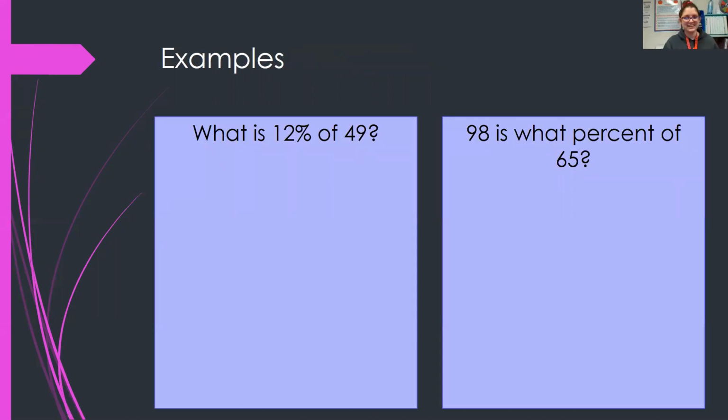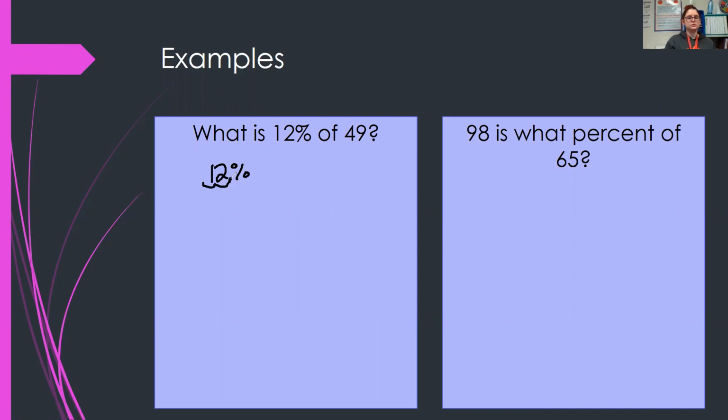Okay, what is 12% of 49? So the first thing we have to do is take our 12% and change it into a decimal. We can think about that as dividing it by 100 or moving the decimal point, which is always right by the ones place, 2 places over to the left.